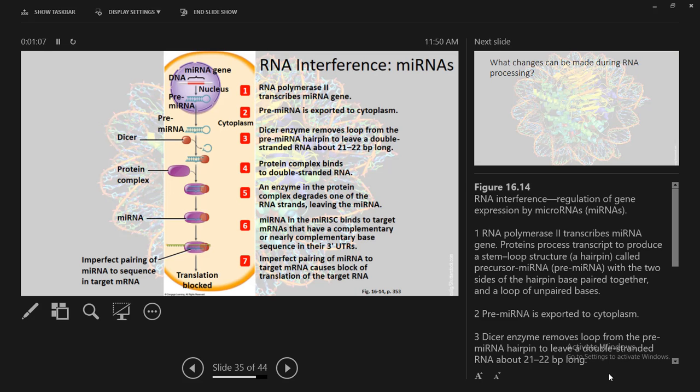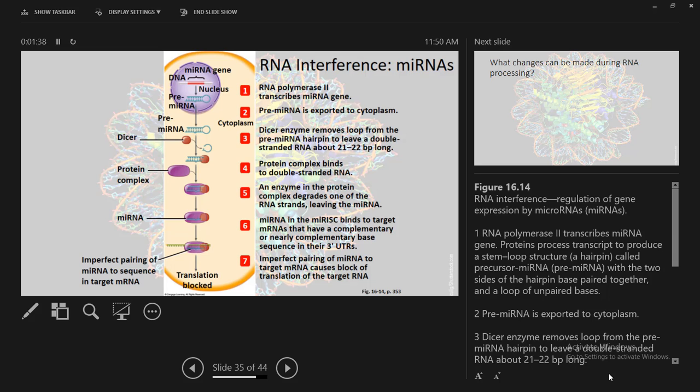And so RNA polymerase II is our specific machine that transcribes mRNA. And here, the mRNA now is exported to the cytoplasm, and then here we've got some processes that we can actually modify this in different ways.